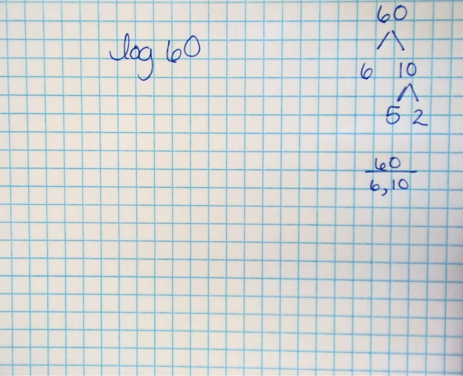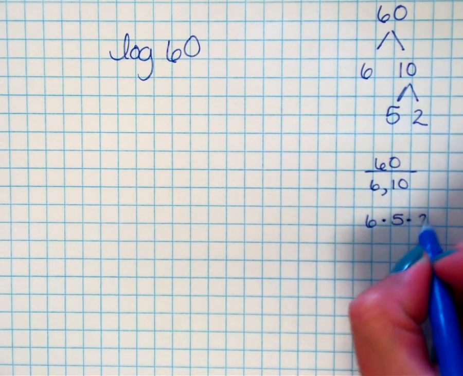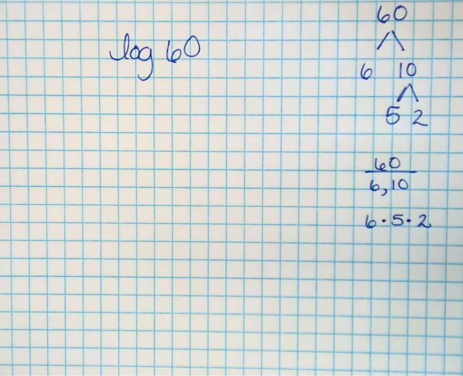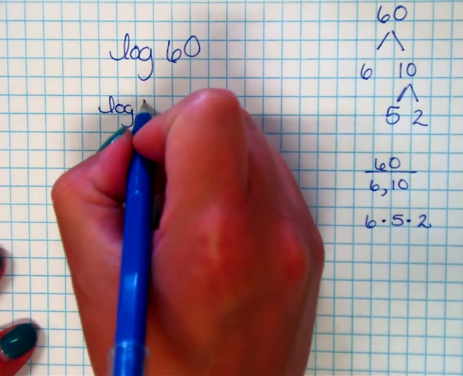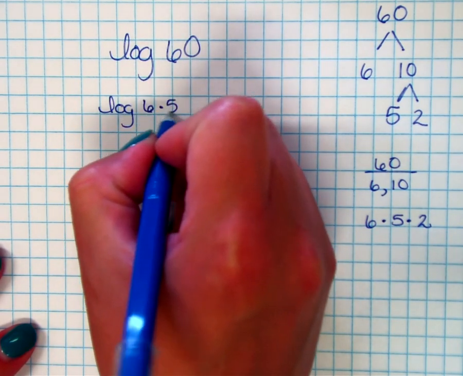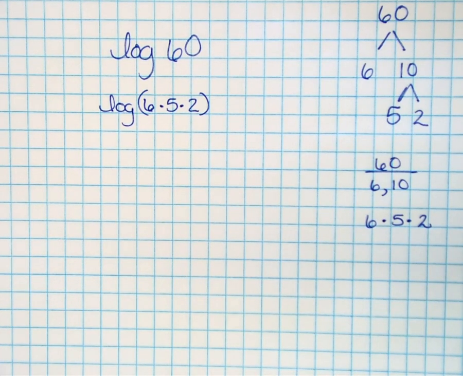So what am I doing? So really what I'm doing is I'm taking 6 times 5 times 2, right? And that should give me 60. It does.